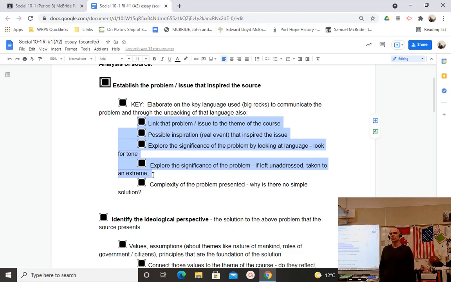If left unaddressed, what does it lead to? It leads to death. At a global level, if famine and poverty are left unaddressed, it could lead to more than just the death of one child every 5 seconds. This could become one of those waves that ends up causing hundreds of millions or even billions of deaths. But we'll get to that.